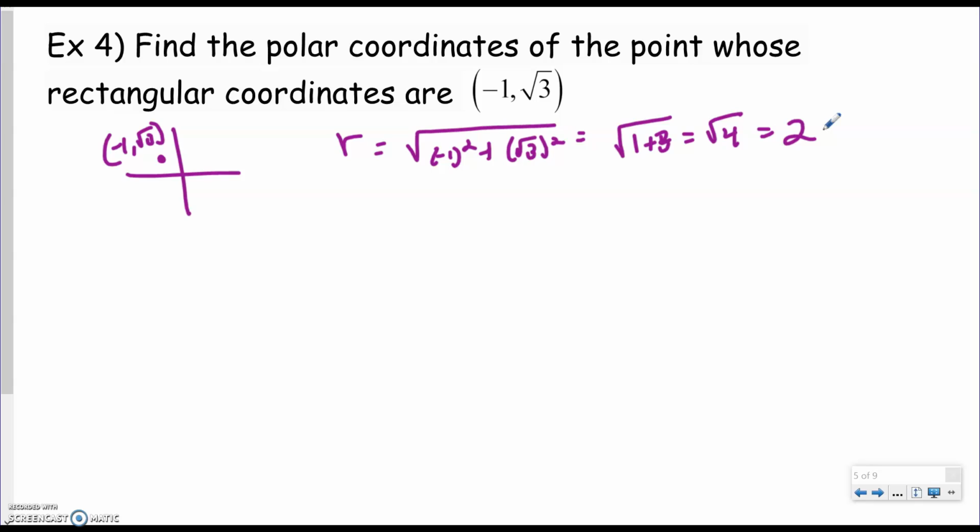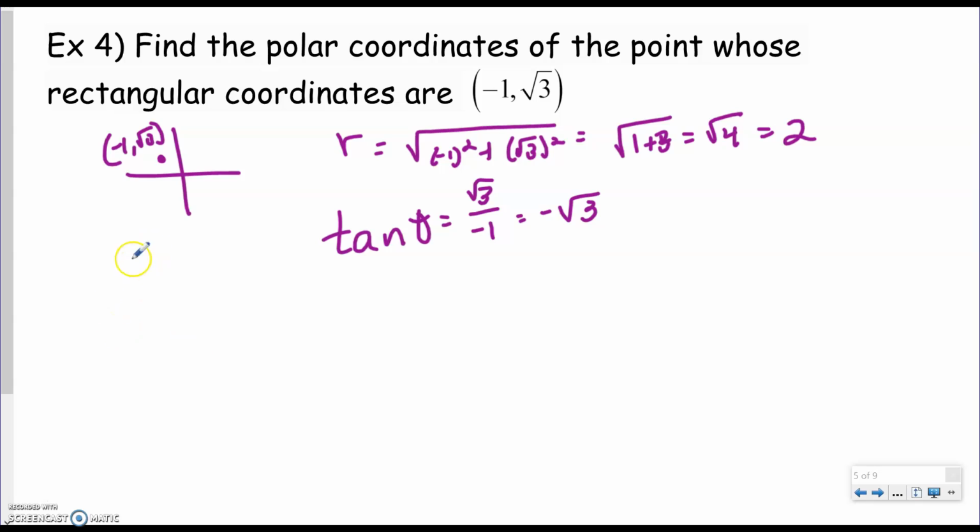Okay, and it's positive. And then to find my angle measure, we're going to do tangent of theta equals sine over cosine, or y over x. So you need to think about when tangent is negative square root of 3.